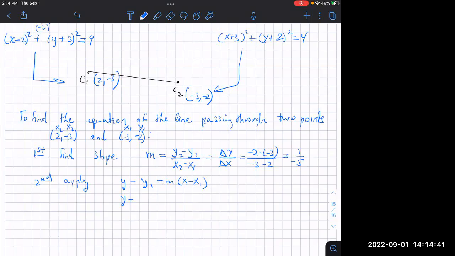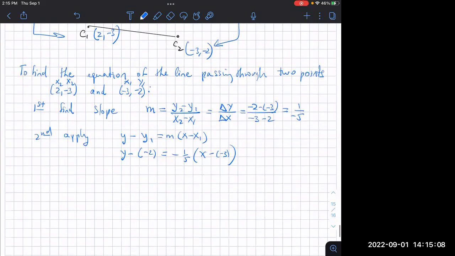So you can use the same x1, y1. So it'd be y minus -2, equals 1 over -5, negative 1 over 5, times (x minus 2).